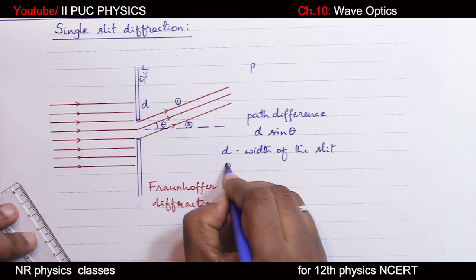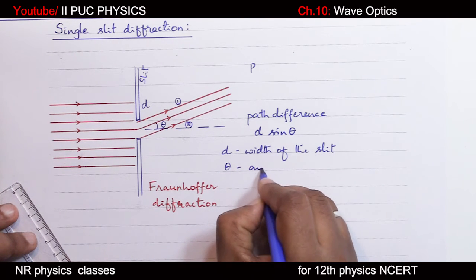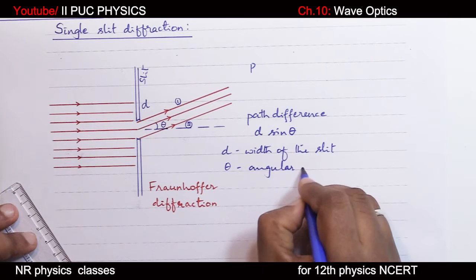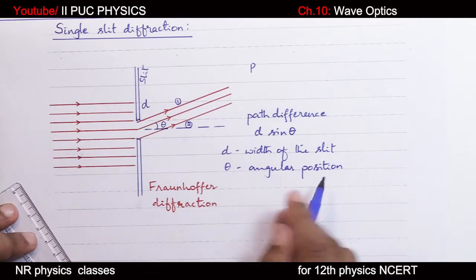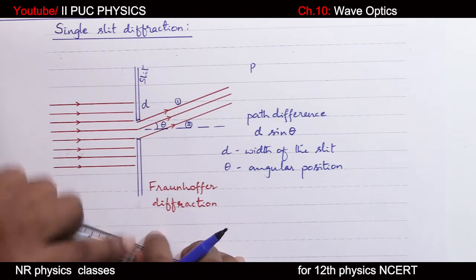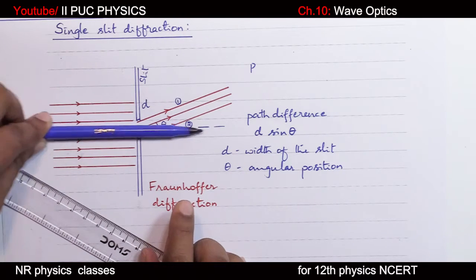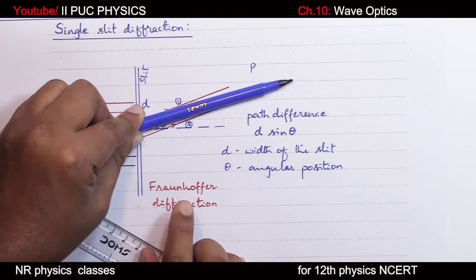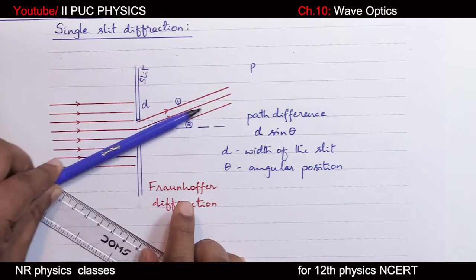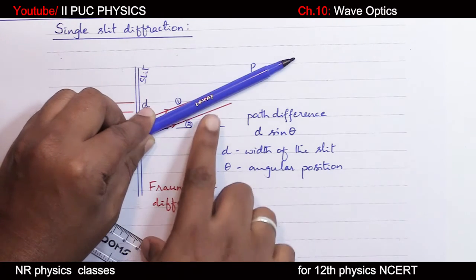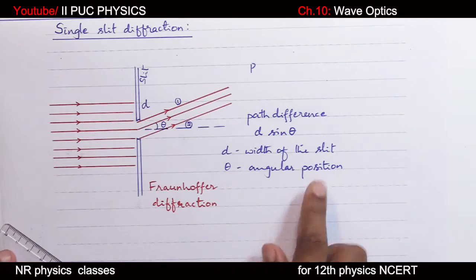and theta is the angular position of P. At what angle with respect to the median? See, light is traveling straight. At what angle is P found? That angle is measured from the median ray, nothing but the central ray. So this angle is the angular position.